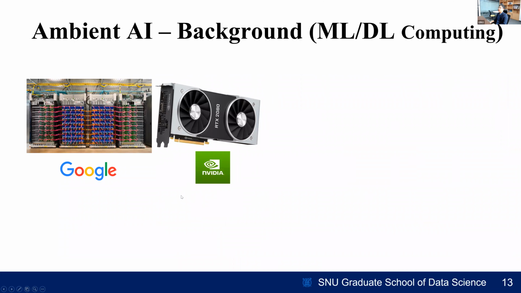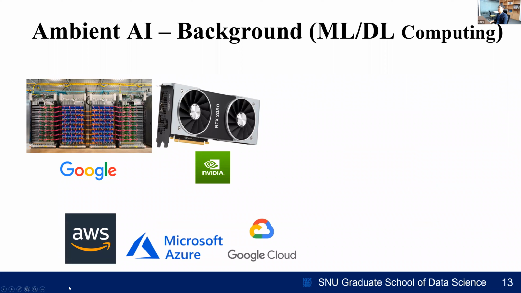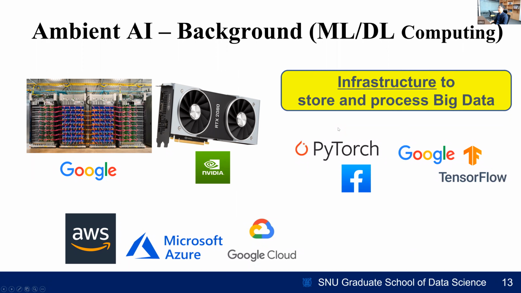Then what happens? Cloud computing emerged. Google TPU, NVIDIA GPU, and Amazon AWS, Microsoft Azure, and Google Cloud, and wonderful software platforms such as PyTorch and TensorFlow were developed. So all these hardware and software became infrastructure to store and process big data.